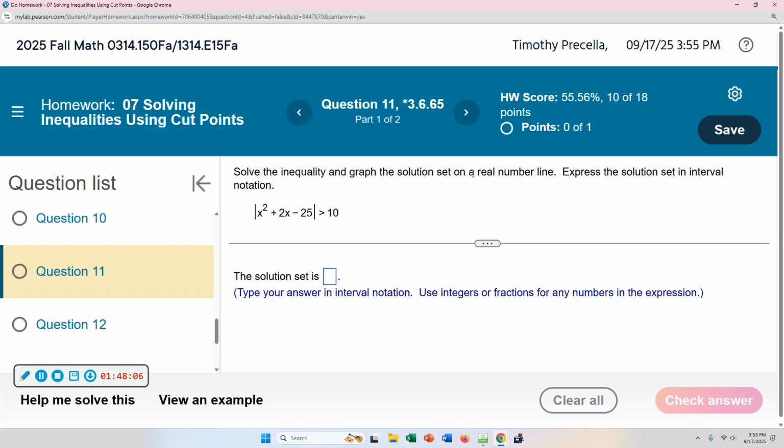The absolute value of x squared plus 2x minus 25 is greater than 10. Any denominator cut points on this one? No. So we'll get to skip step 2.